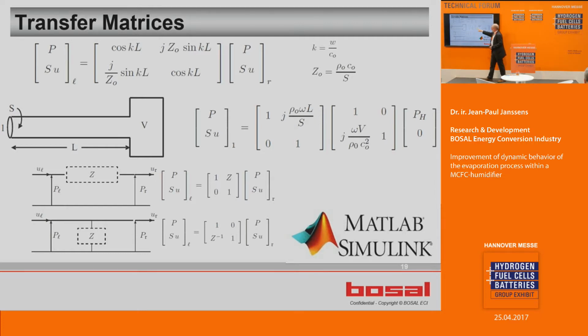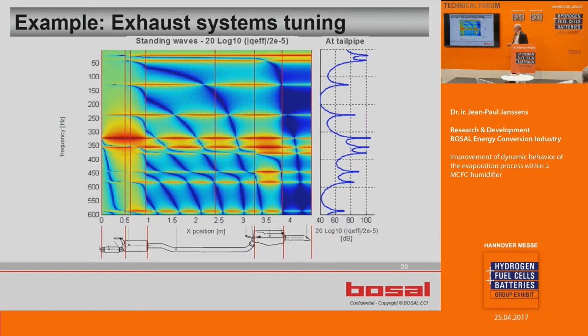Here you just neglect the cone because it is small, so then you have one, and here you see these simplifications. We also embedded impedances, and you can use this, for instance, as an example. This is how you do it in an exhaust system, and you project this knowledge on an evaporator.